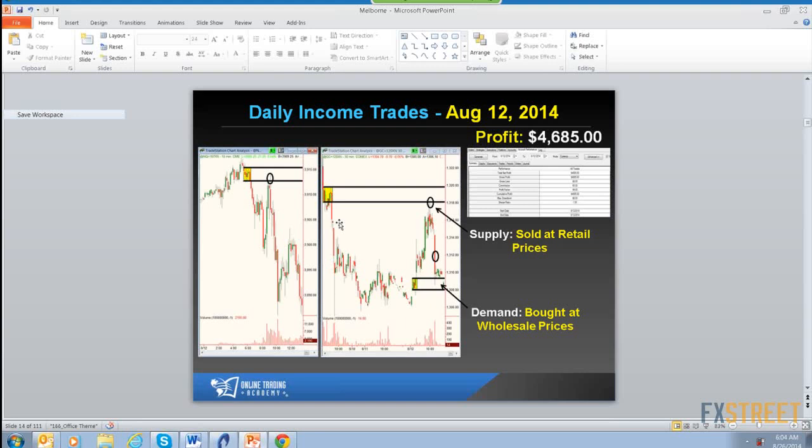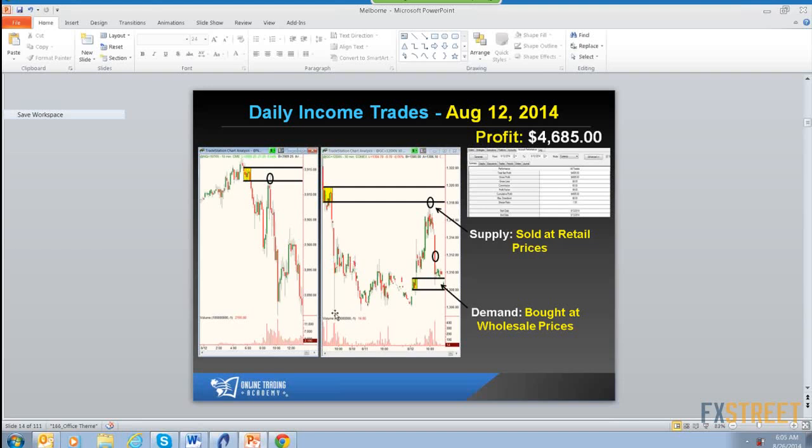We know that because if supply and demand were equal here, wouldn't price just keep trading sideways? It would, but it couldn't. It fell away. I'm only speaking to things we know to be true. Let's keep anything subjective out of it. You don't want to bring anything subjective into your trading decisions.